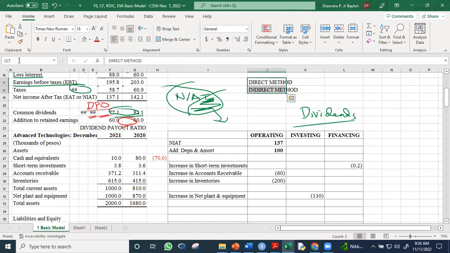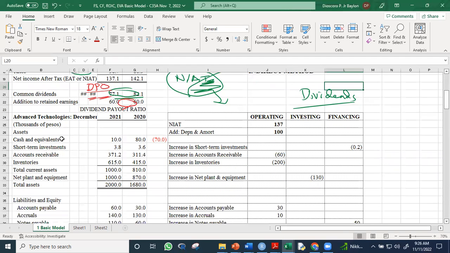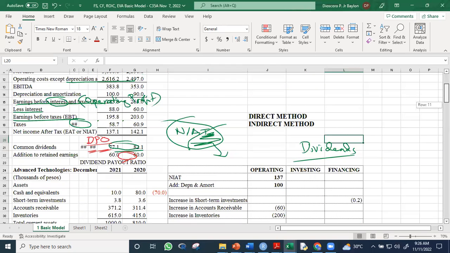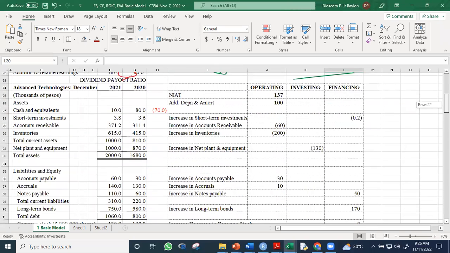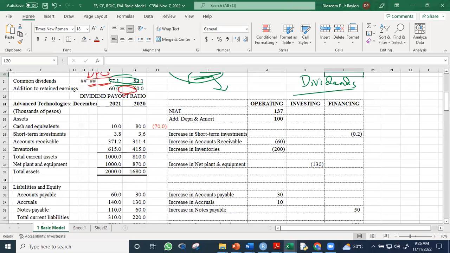What we're doing is the indirect method, where we look at the individual accounts in the balance sheet and then identify whether the changes in the balance sheet have an effect on cash, either as operating, investing, or financing. So very quickly, we start with the net income after tax and add back depreciation and amortization because we would want to convert the net income after tax into cash, because net income after tax is not equal to cash.